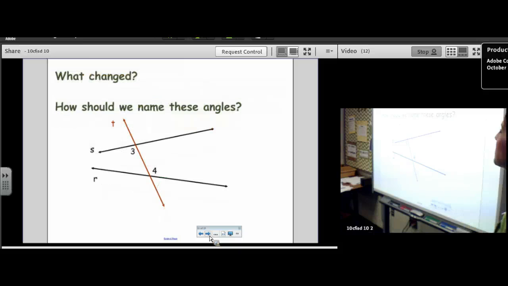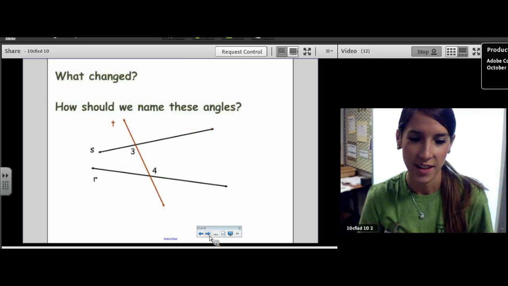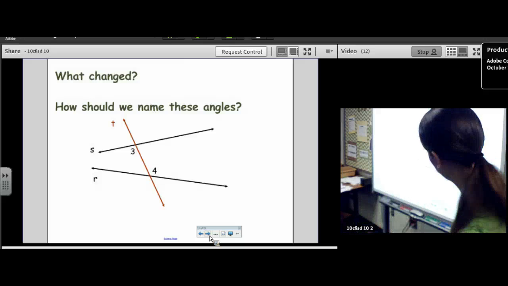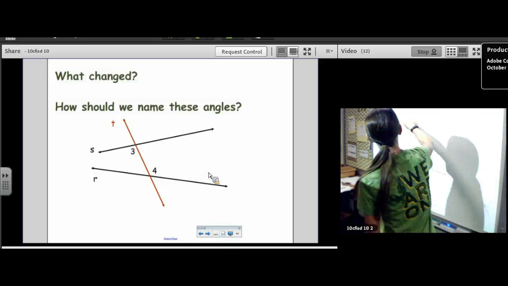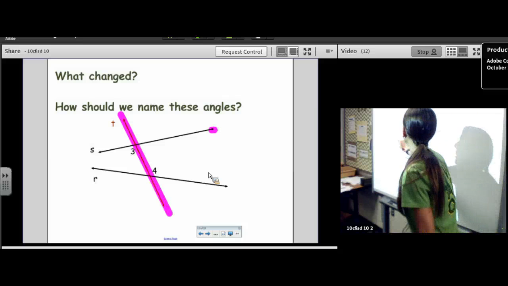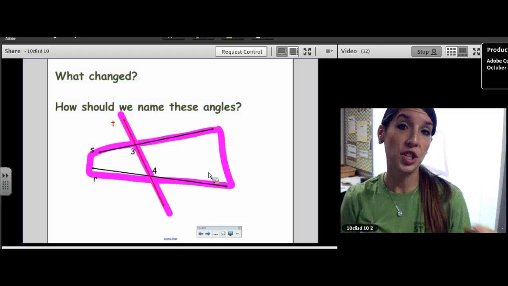Okay, next one. Ooh, what did I change? I changed the numbers. They're not 1 and 2, they're 3 and 4. So here's our transversal. Do you agree that they're still interior? They're still inside the lines. So they're still interior.